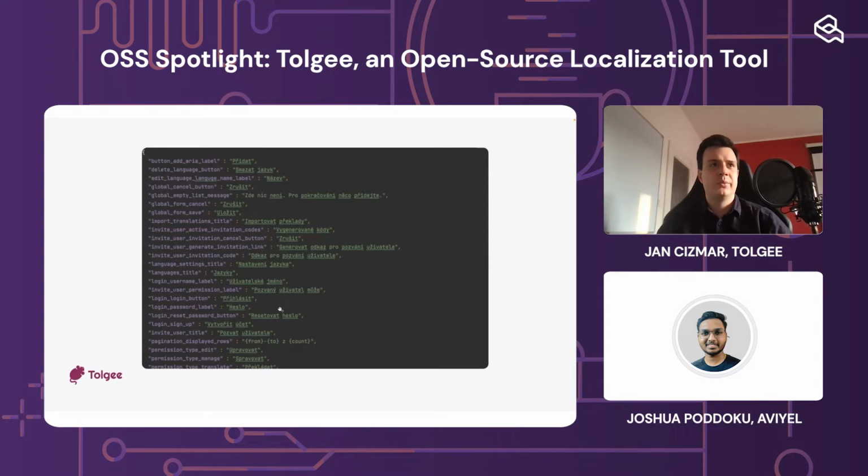It's pretty simple. There are keys, which are the identifiers of a string in the web application, and there is a value, which is the actual translated text. For each language you have one JSON, where the localization data are stored.